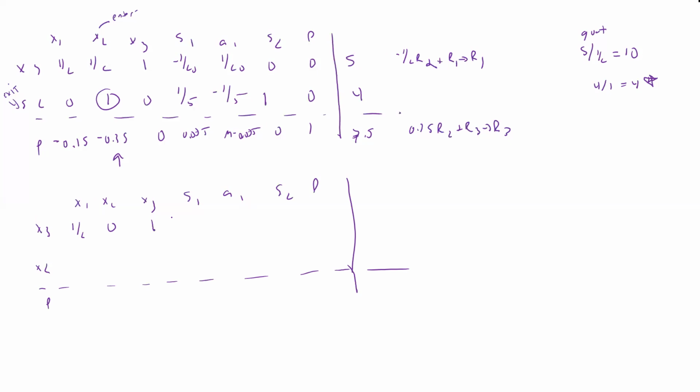Minus 3/10, I think. And that's a 20, not a 10. And then that's going to be a 3/20. That's going to be a minus 1/2, a 0. And that's going to be 3. Okay. And that stays the same: 0, 1, 0, 1/5, minus 1/5, 1, 0, and then 4.